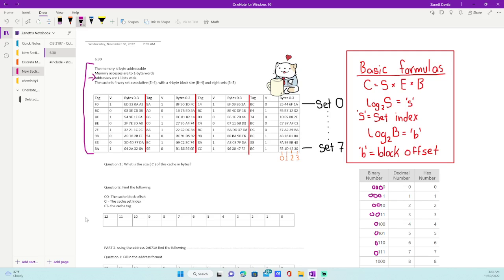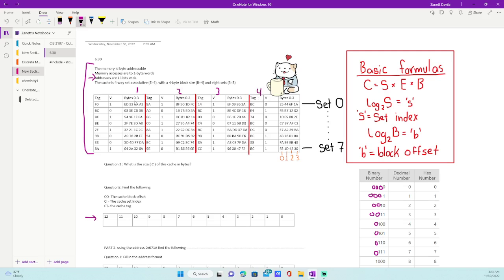So right here, we have 13 bits, 0 to 12, and that's all it means. Now, the cache is 4-way set associative, E equals 4, with a 4-byte block size, B equals 4, and 8 sets. So here, a 1-way, 2-way, 3-way, and a 4-way.